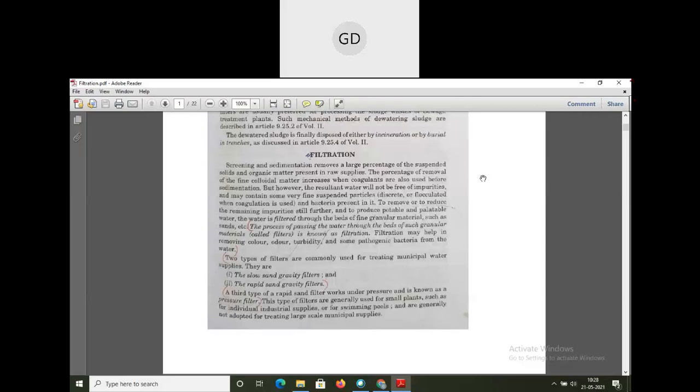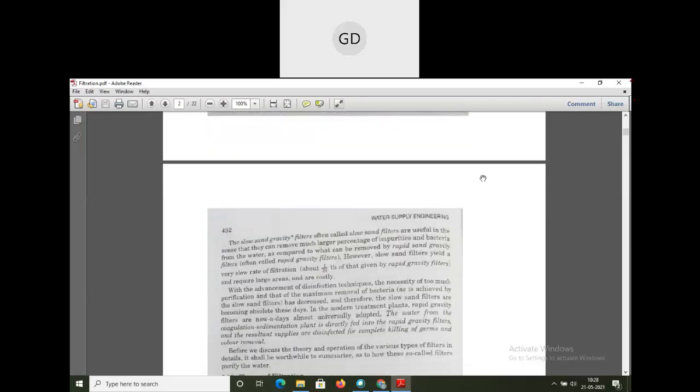These pressure filters are generally used for small plants or industrial supplies.